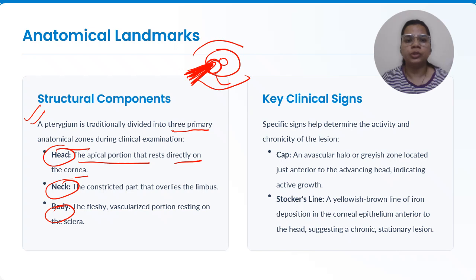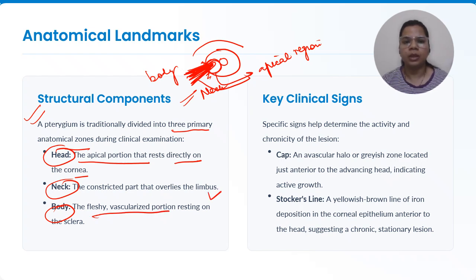The part which rests on the cornea is the apical region. The constricted part is the neck, and the rest is the body, which is the fleshy vascularized portion on the sclera. There's also a cap. A cap is a grayish zone located just anterior to the advancing edge, which indicates active growth.